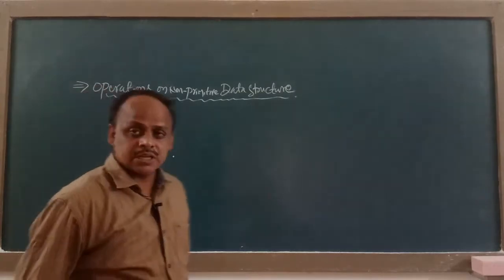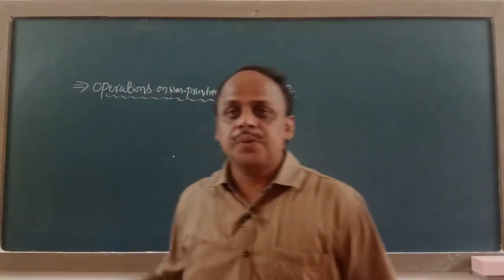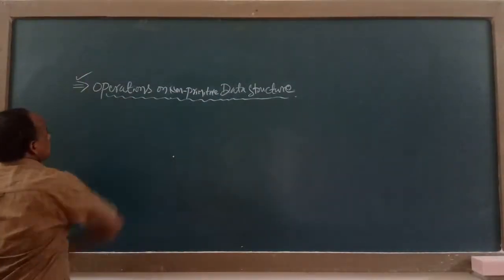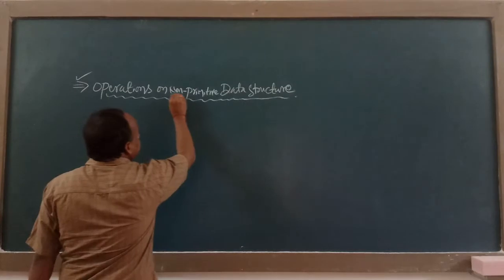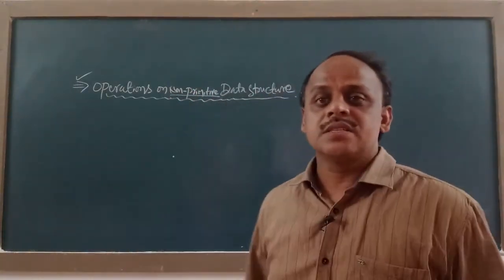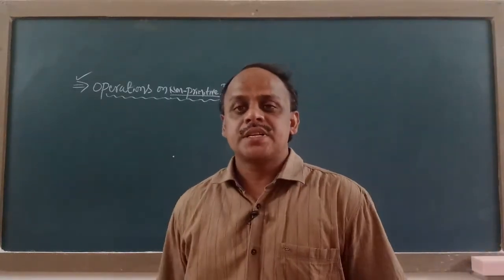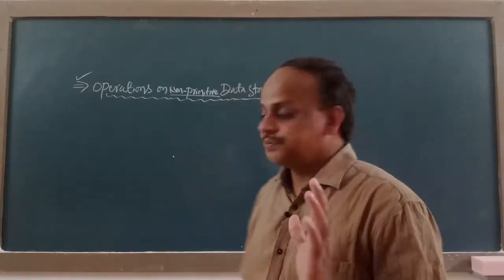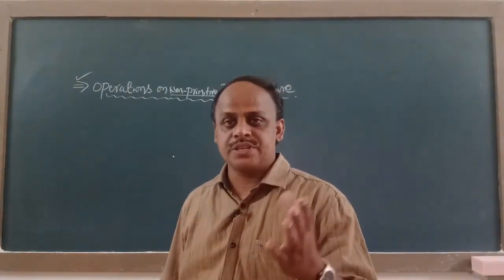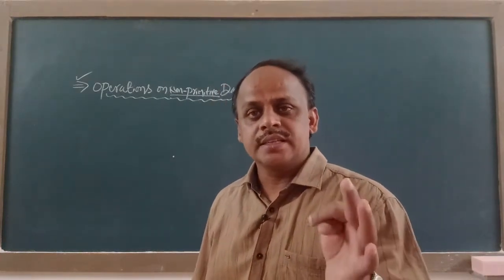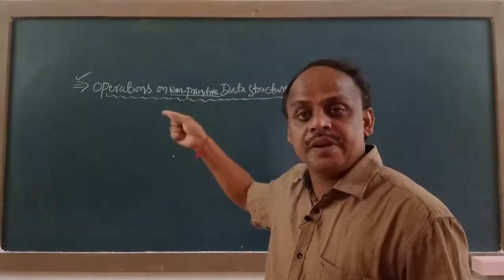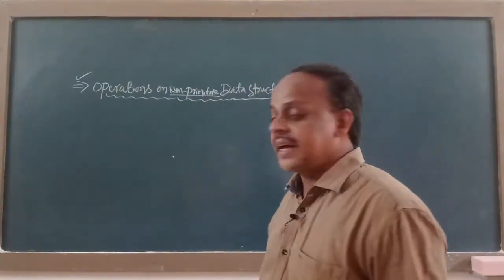Here don't confuse operations on primitive data structure with operations on non-primitive data structure. What are the operations on primitive data structure? Only 4 operations: create, destroy, select and update. Now let us see what operations we can perform on non-primitive data structure.